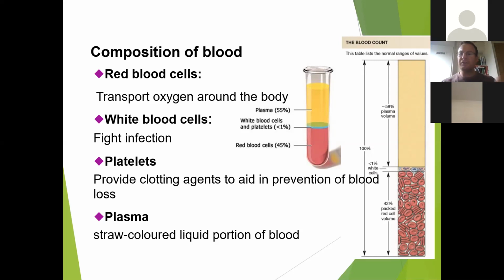So we improve the ability of our blood to carry oxygen and also to get it into those muscles. So red cells carry oxygen, white cells fight infection, platelets clot, and plasma provides that fluid portion of the blood, allows it to smoothly flow in our blood vessels.